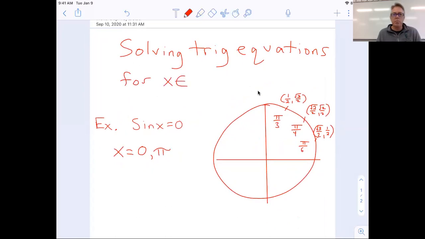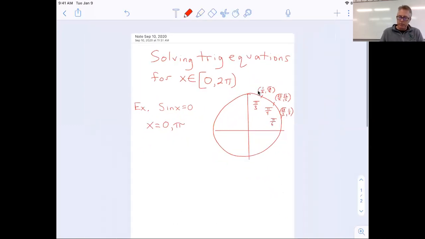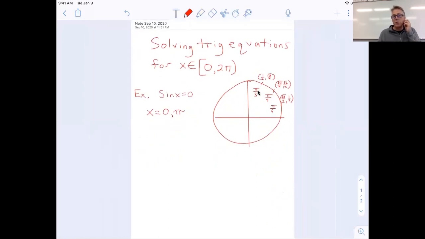And this little symbol means x is in 0 to 2 pi, inclusive of 0, but exclusive of 2 pi. So that means essentially for one loop around the unit circle. So we're solving these only for one loop around the unit circle.